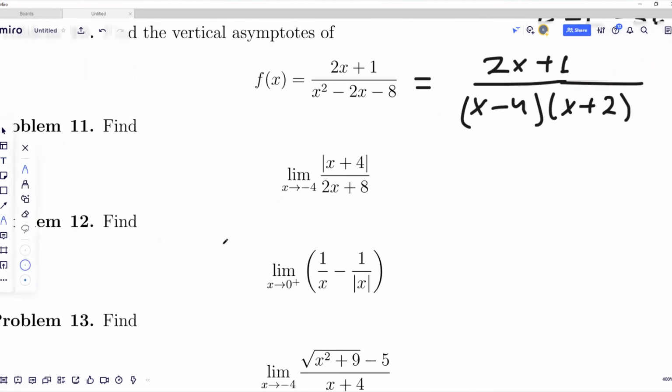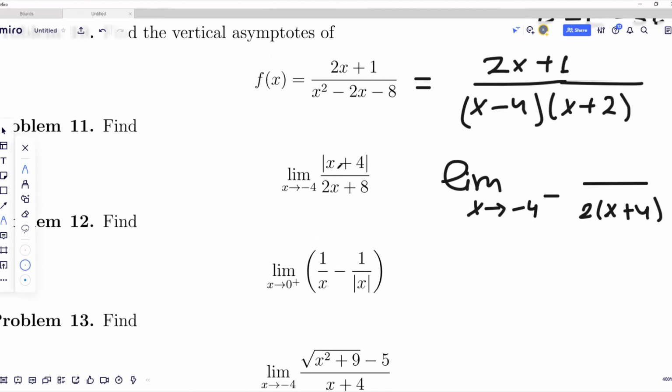Let's firstly find our one-sided limits. Limit as x approaches -4 from the left side. So in the denominator, we have 2x plus 4. And in the numerator, we have some small negative value.